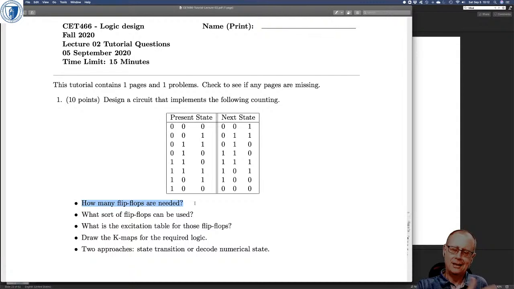I said in the earlier part of the lecture that one way to think about a flip-flop is as a 1-bit memory device. Well, there's 3 bits in each of these states, and that means that we need 1 flip-flop per bit, so that means we need 3 flip-flops.